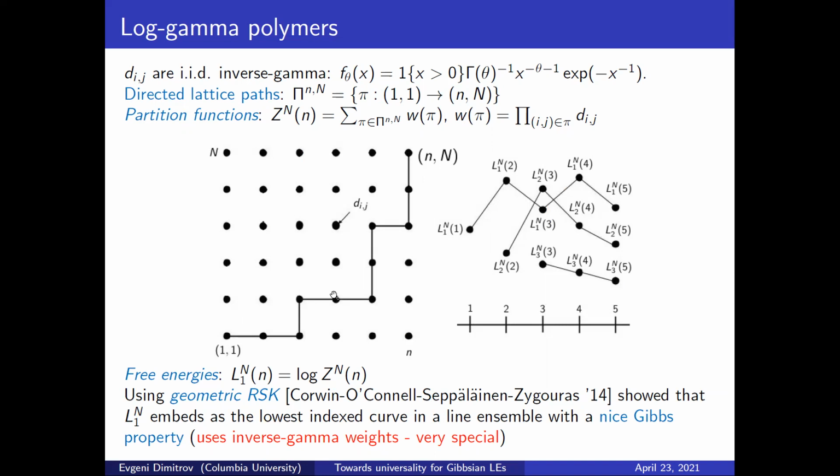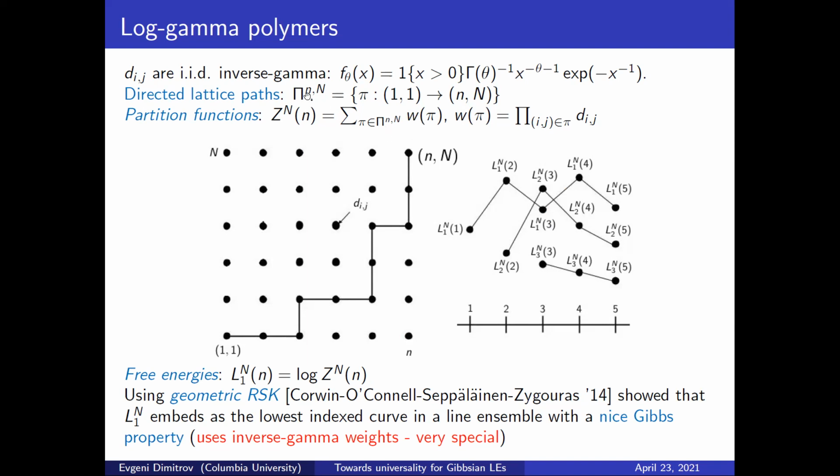Okay, so for each such path, you can define its path weight. The path weight is nothing but the product of the vertex weights that lie inside of these integer sites. And then the partition function for this model, the point-to-point partition function, is just the sum of the path weights over all possible paths that start from (1, 1) and end at (n, N).